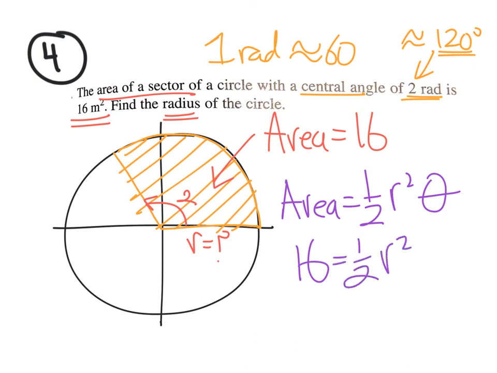Our radius, this is what we're solving for, radius, and then we know that our angle is 2 radians. So times 2. And in solving, looks like the 1/2 and the 2 kind of cancel. And our radius would be 4.